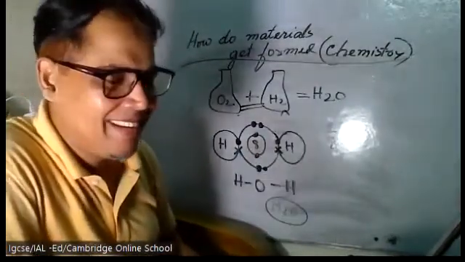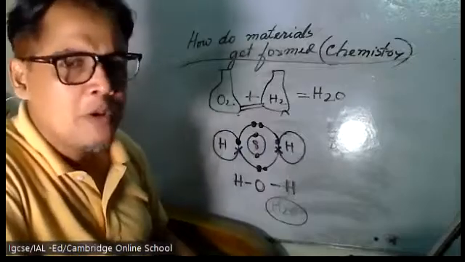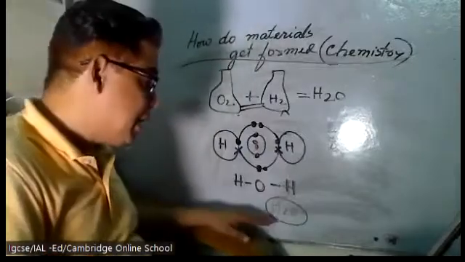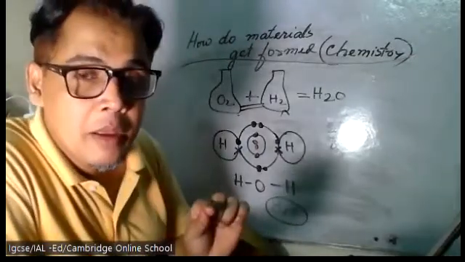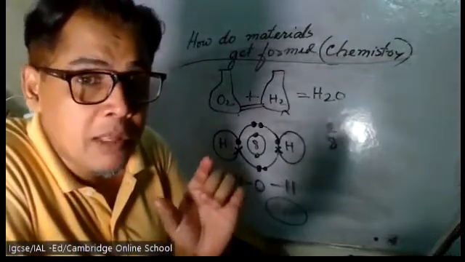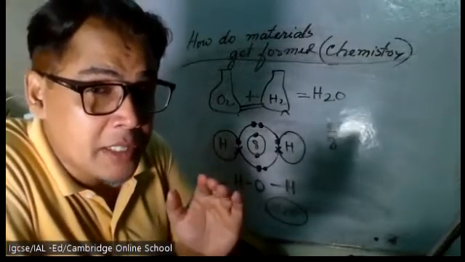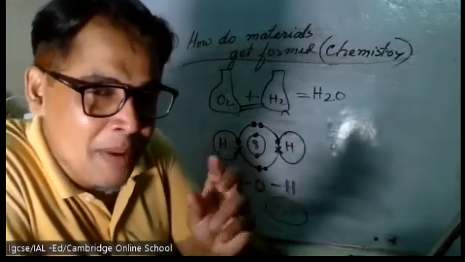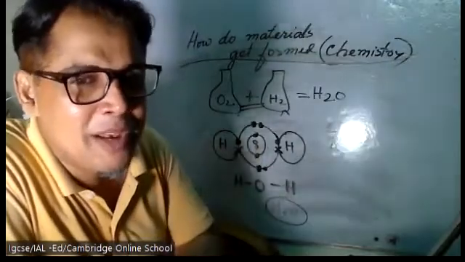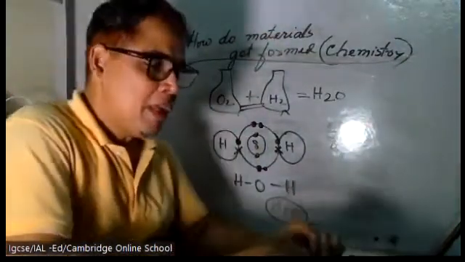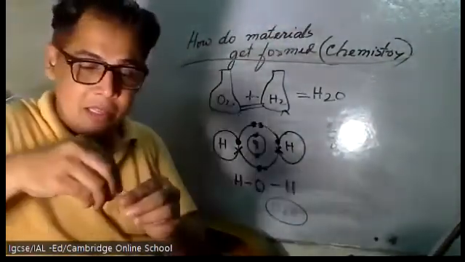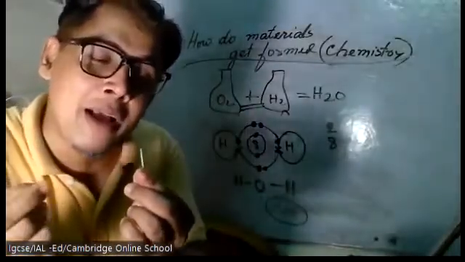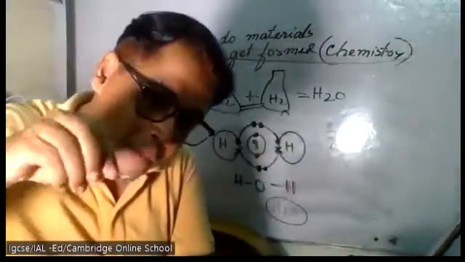Sir, what is a molecule? Can you tell me again? Of course, I'm going to explain. A molecule is the last existence of either an element or a compound. Element means the same type, compound means different types.